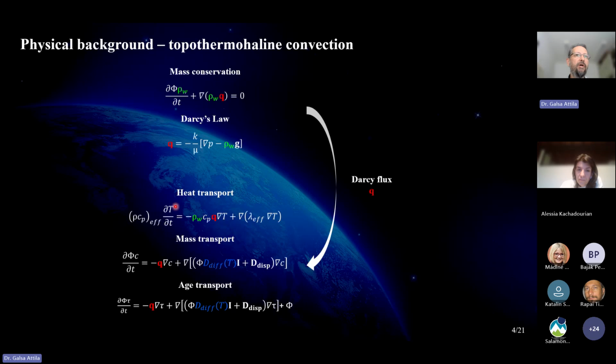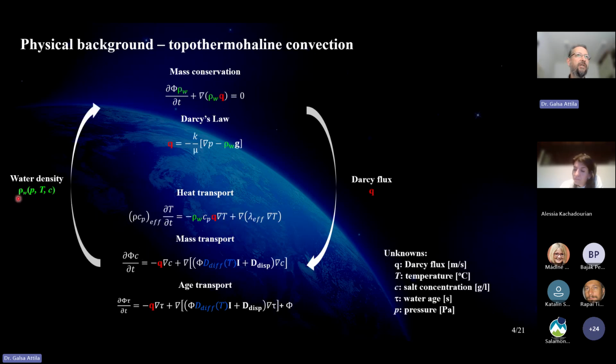So the computed temperature and salt concentration vary the water density, which modifies the Darcy flux again. Thus, the whole partial differential equation system is coupled in our model with the unknowns of the Darcy flux, the temperature, the salt concentration, the water age, and the pressure. I note that in our model, the molecular diffusion coefficient is temperature dependent.